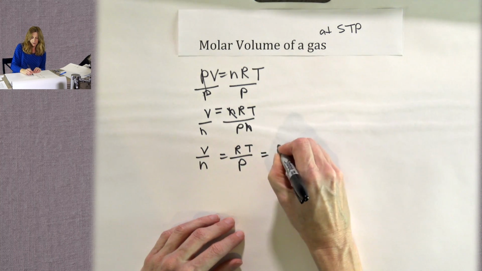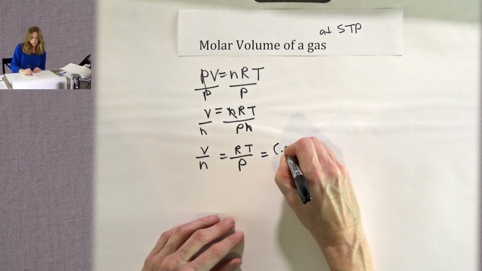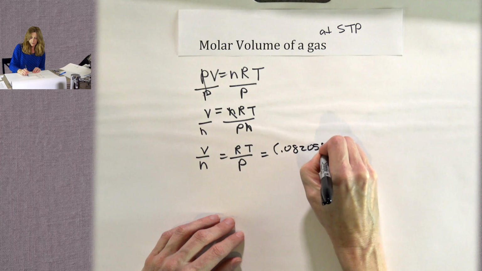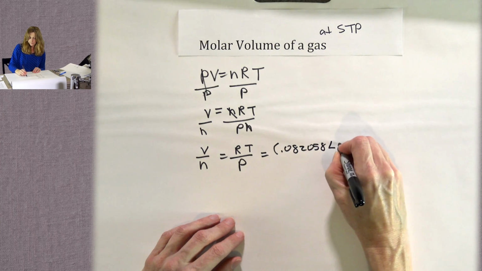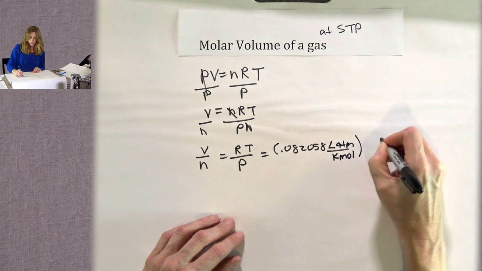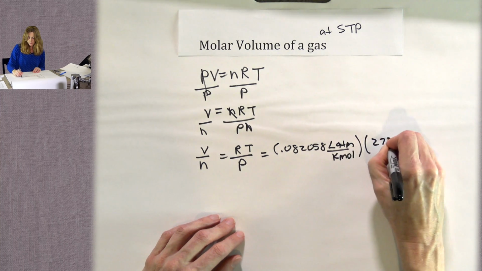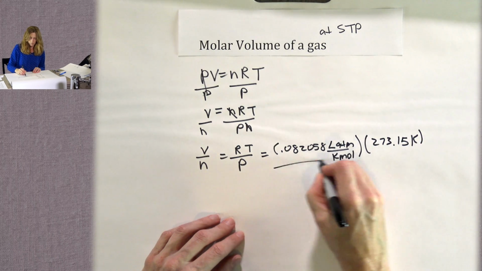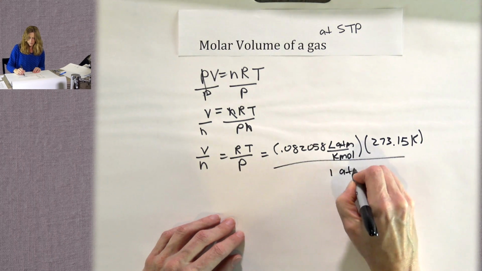So let's go ahead and do that. Our R is 0.082058 liter atmospheres per K mole. Temperature is 273.15 Kelvin. Pressure is 1 atmosphere.